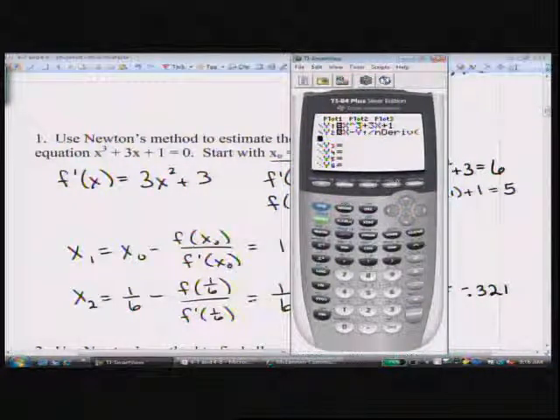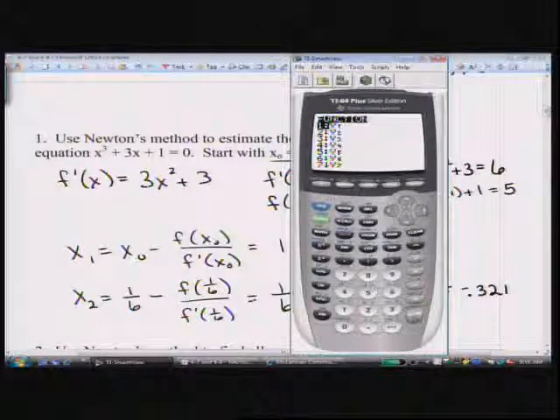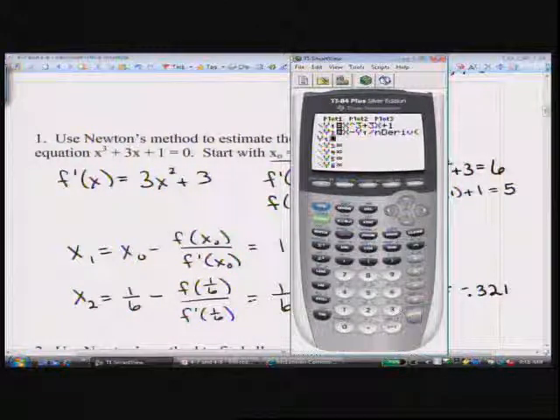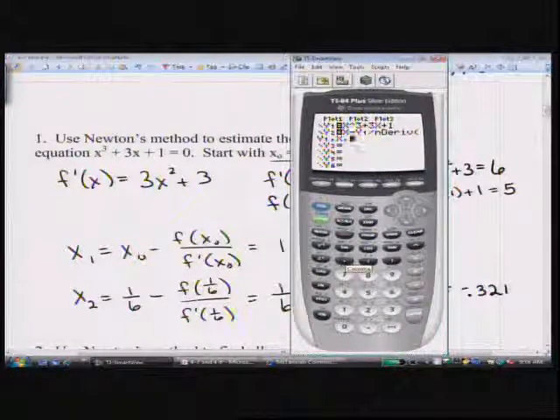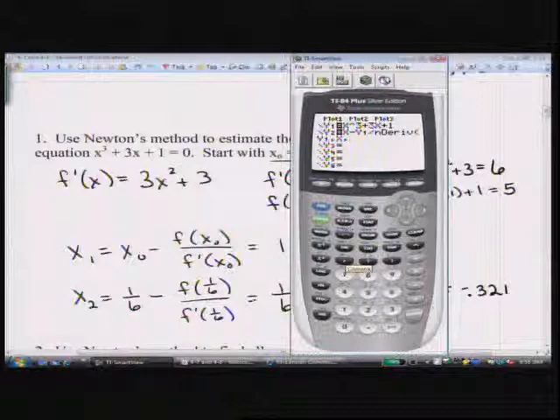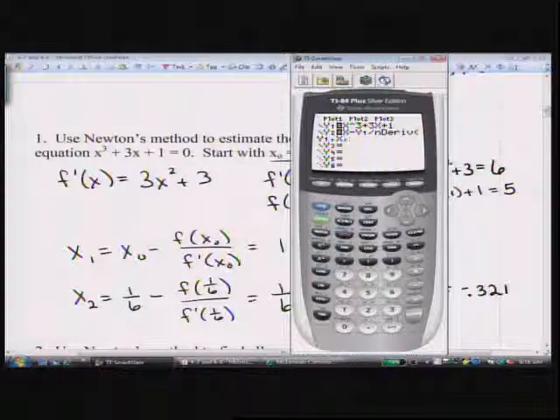So I have to do vars, and then over to y vars, and then function, and then y1. So you tell it what to take the derivative of, then you do a comma, and you always say with respect to x, so I say comma x, and then you tell it where you want it to take the derivative. In this case, it's actually at the x that we're going to give it. So we're going to say comma x, comma x.